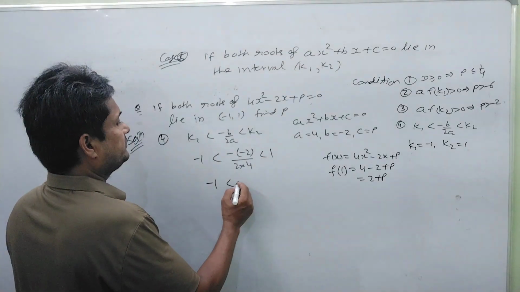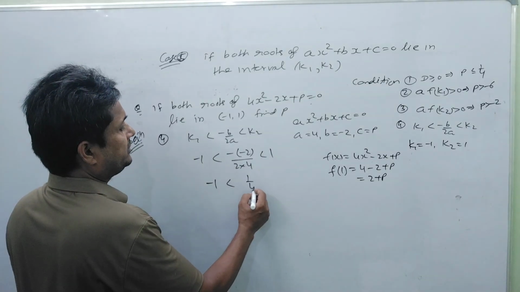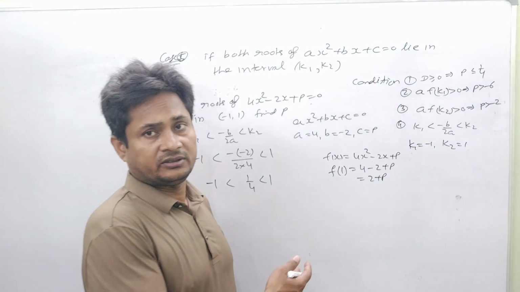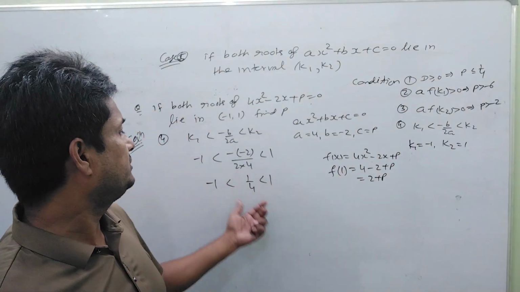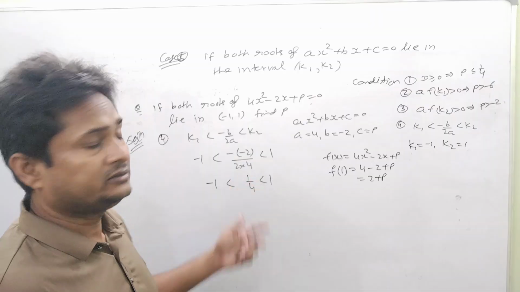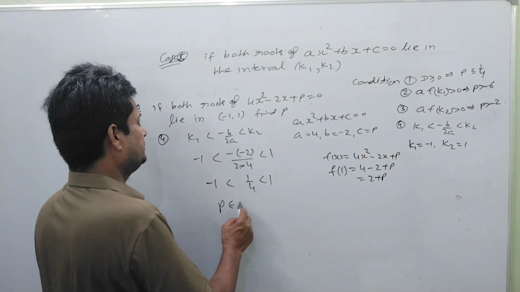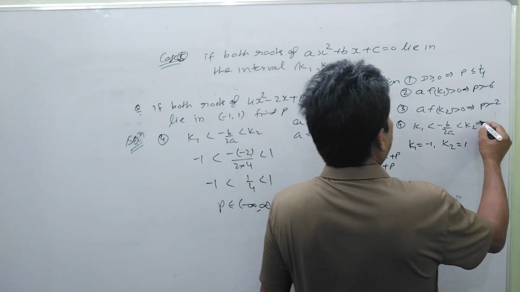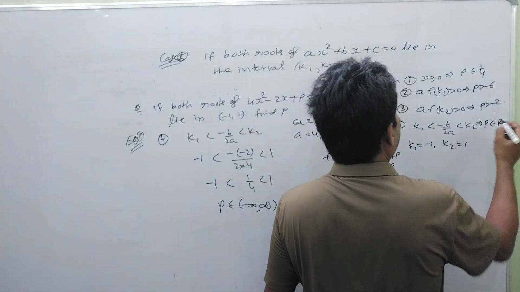So this is minus 1 less than 1 by 4 less than 1. This is always true and it doesn't depend on the value of p. So p can be anything, that means p belongs to minus infinity to infinity. So here the answer is p belongs to real numbers.